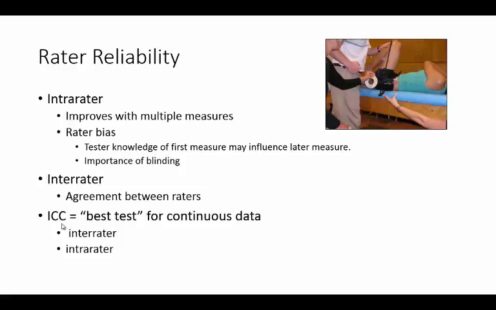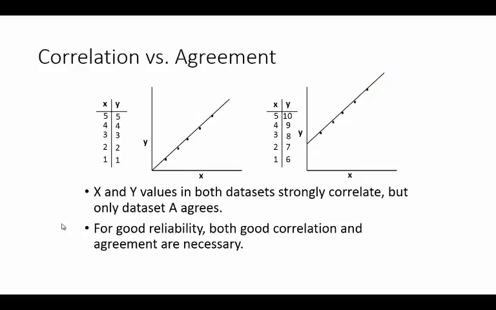One concept that's very important to remember is the difference between correlation and agreement. You probably all know what correlation is. Correlation is when two variables behave in a predictable way. Positive correlation means if one increases, the other one increases.